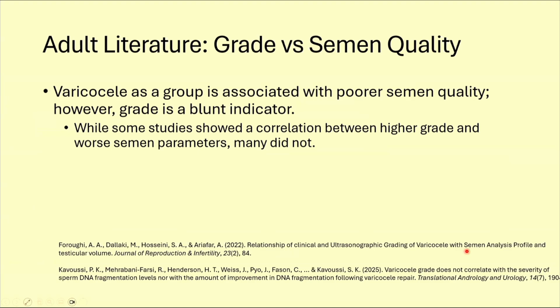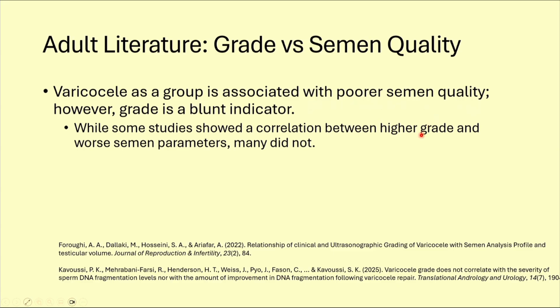And that actually holds true in the adult literature. If we review the grade versus the semen quality in adult literature, we find that there is no clear association between each group and the semen analysis parameters. But varicocele as a group, comparing people with and without varicocele, had poorer semen quality overall.